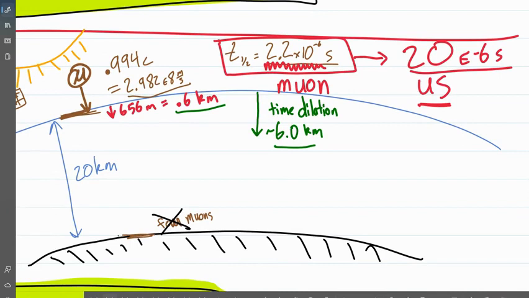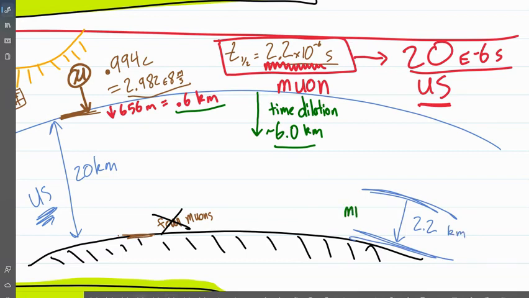So this muon, right? This is our perspective here. We see 20 kilometers. The muon sees 2.2 kilometers. That's the muon's perspective.